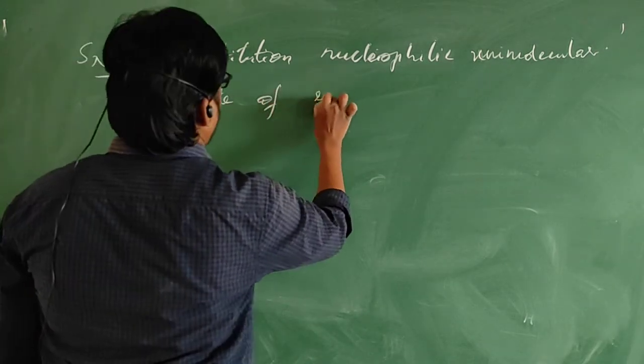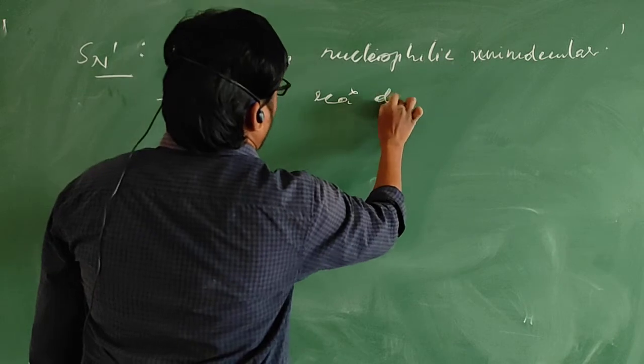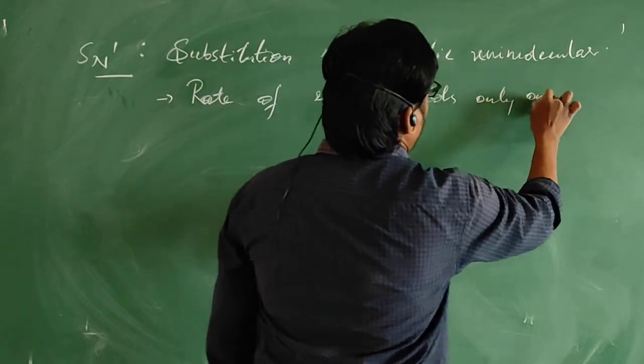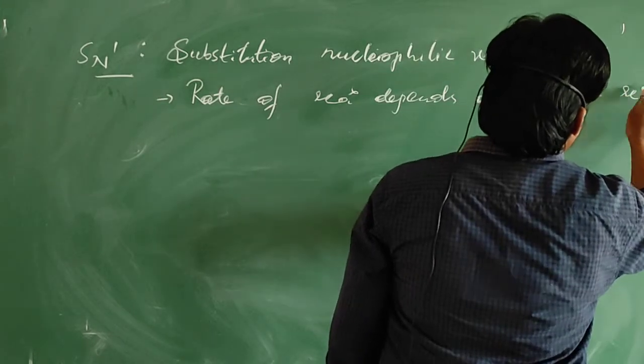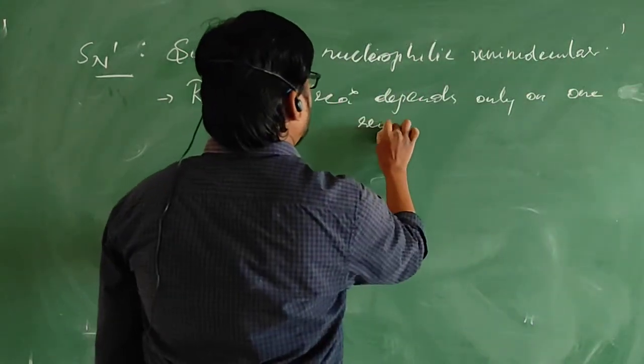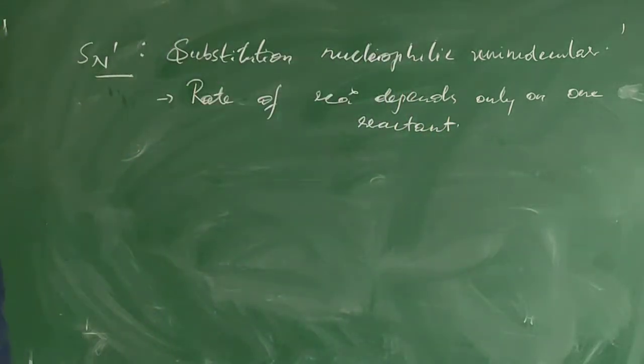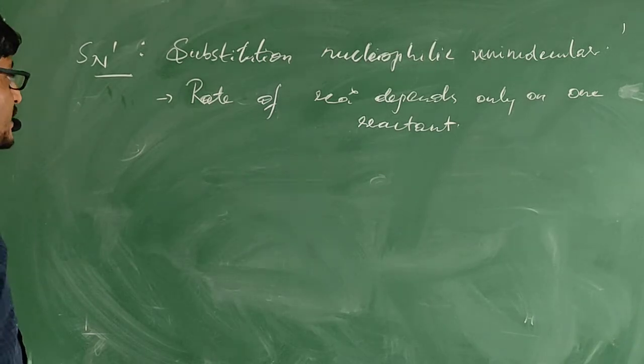The rate of reaction depends only on one reactant. So that is why we are calling it a unimolecular reaction.